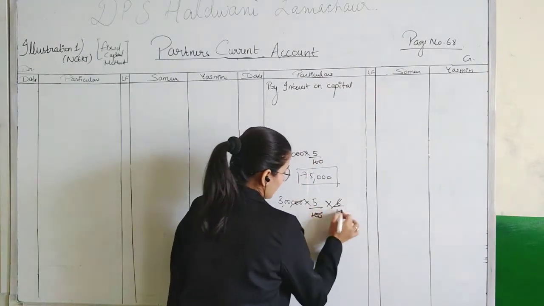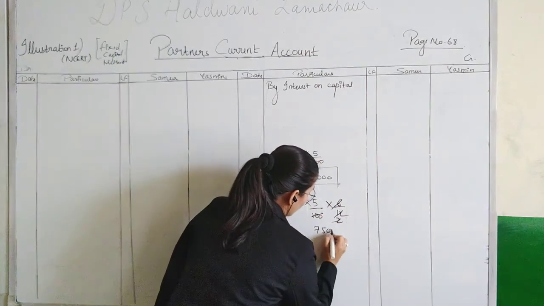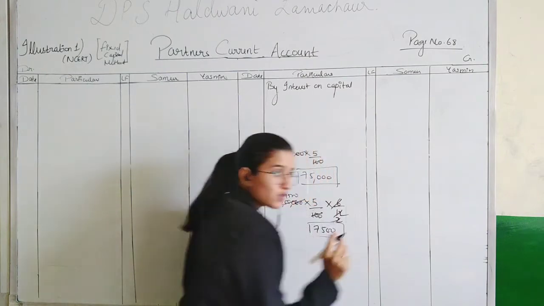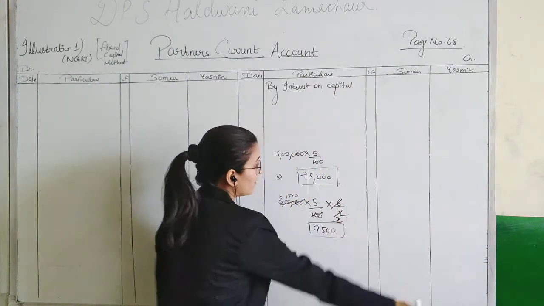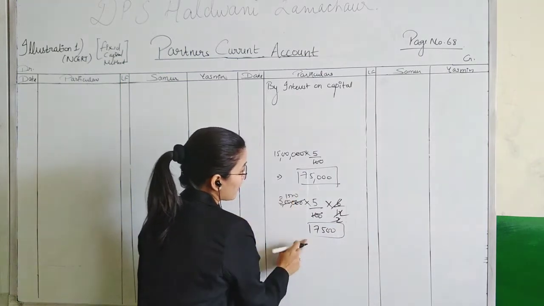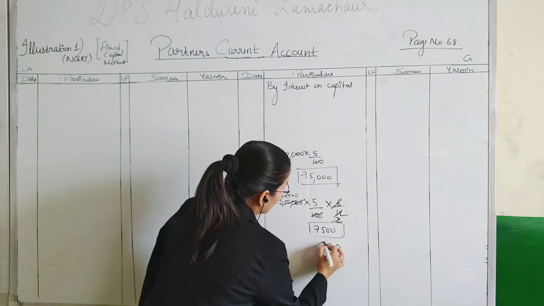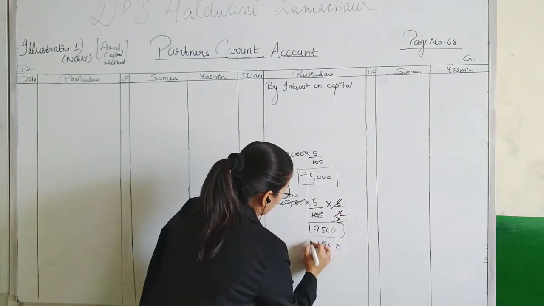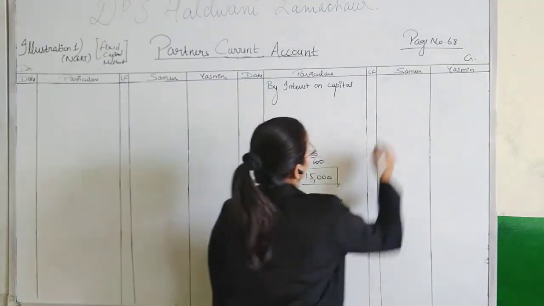Amount here is 7,500. So the total interest on capital allowed to Sameer will be 75,000 plus 7,500, which will be 82,500.